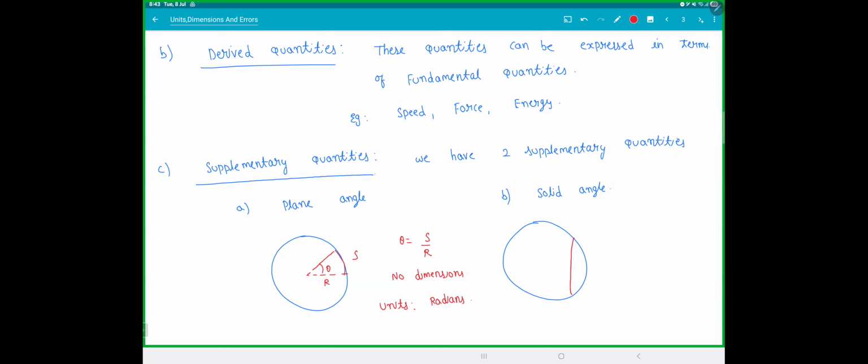So if you have a curved surface like this, we will not use this much in physics. So this is how it is defined, the solid angle. Symbol is this. This is surface area by r square. This is also dimensionless.